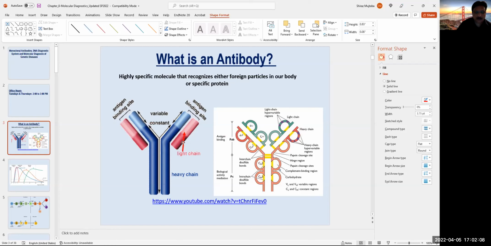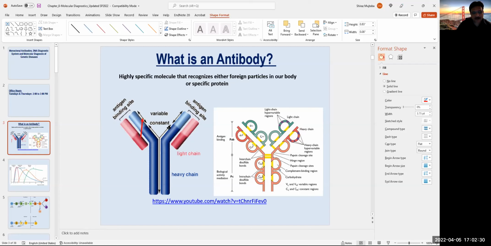The two lighter ones, shown here in pinkish purple color, are the light chains, and they consist of a variable region and a constant region.